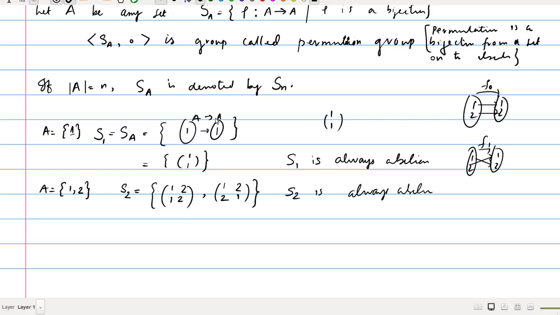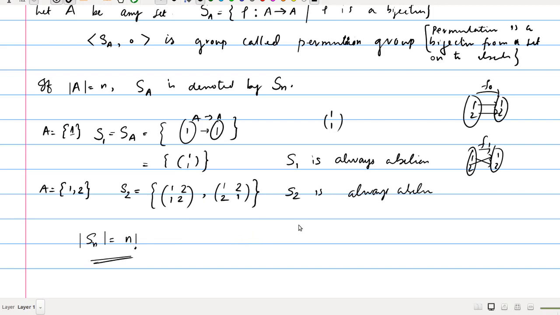So from S3 onwards we get non-abelian groups. Sn for n equal to 1 and 2 are abelian, and the rest, Sn from n equal to 3 onwards, are examples of non-abelian finite groups. In general Sn contains exactly n factorial elements.